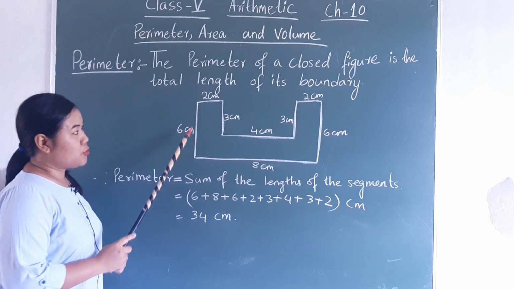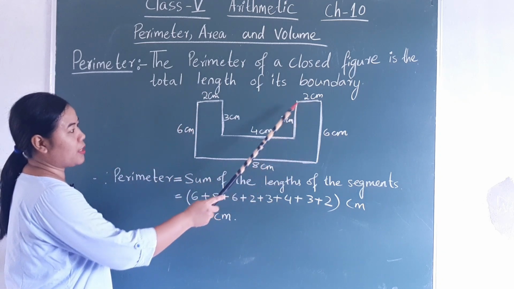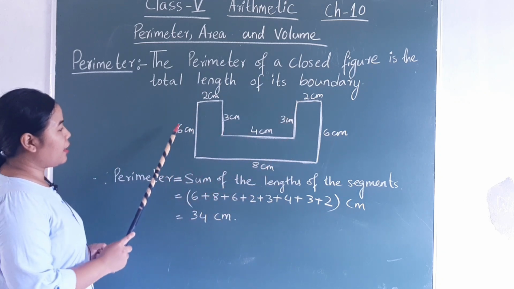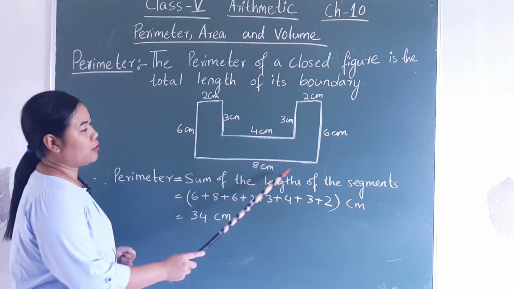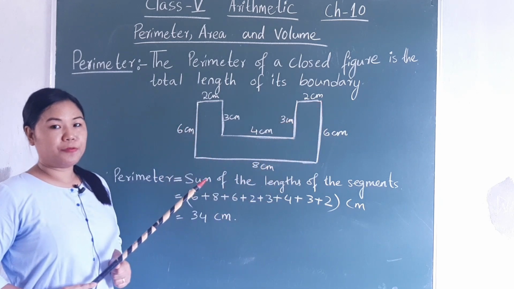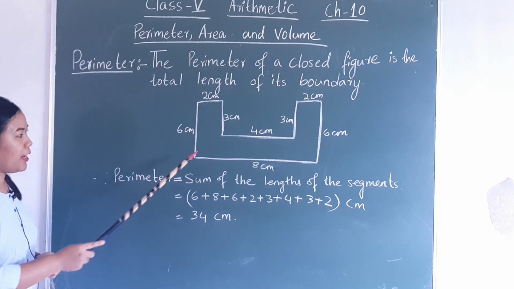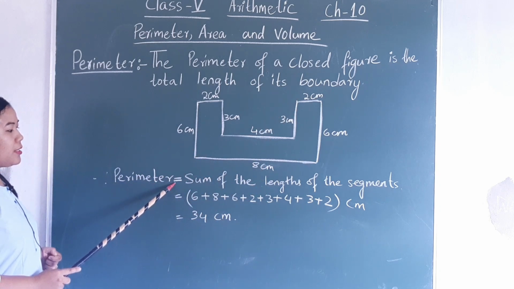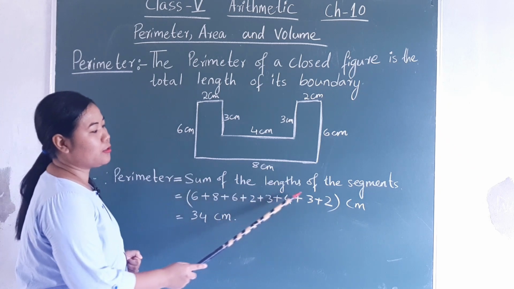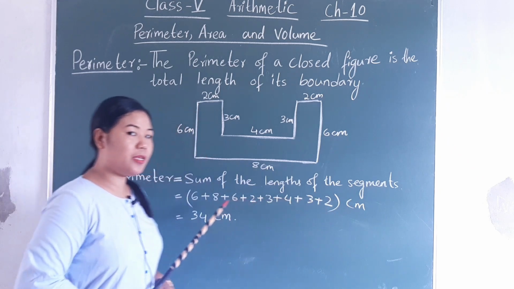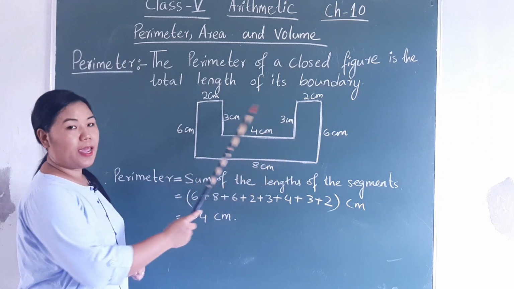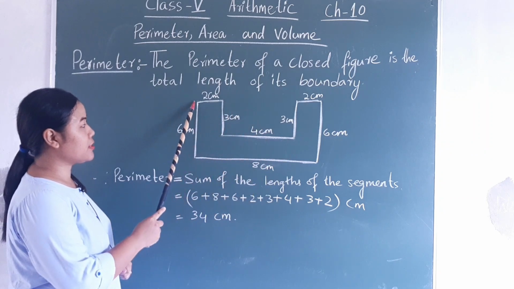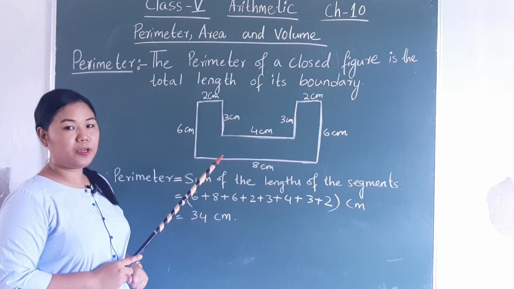Now I have drawn here a figure, you can see here a U shape, and I have written the length of this figure. So to find the perimeter of this closed figure, what is the formula? Sum of the length of the segment. Sum means we have to add all the length of this closed figure.